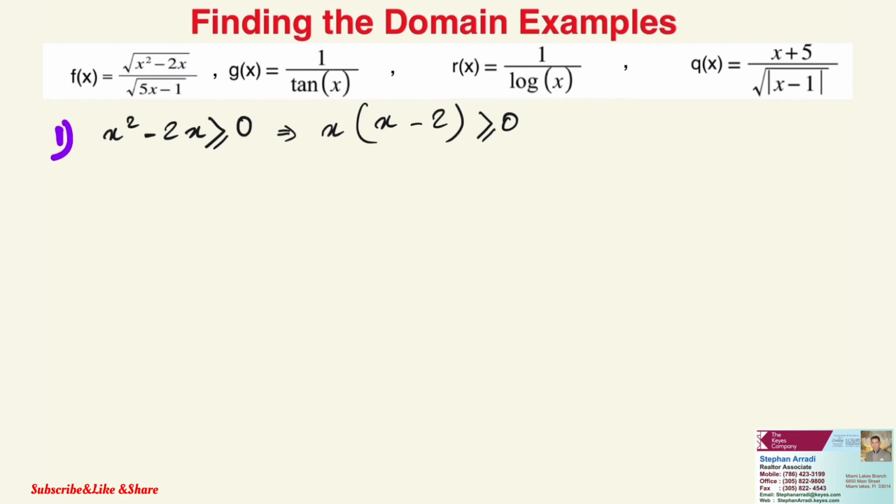If you look at this, it's getting a little bit tricky. Sometimes you get a temptation, so you can do this: therefore x should be bigger than 0 and x bigger than 2. So what are you going to get?